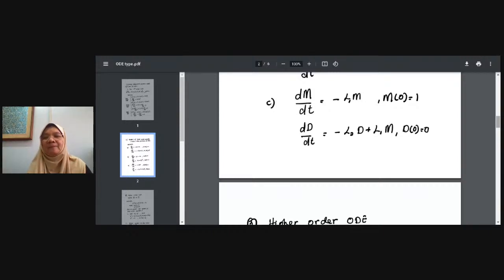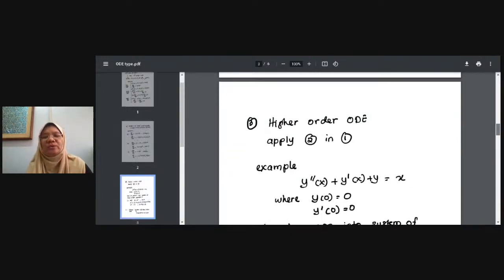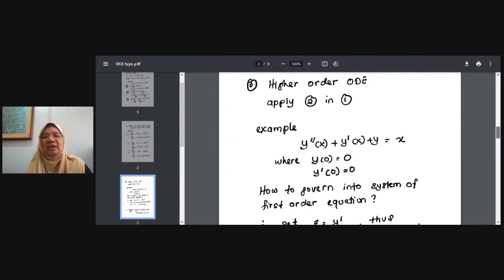So now we go to the higher order ODE. For example, here we have y prime prime of x plus y prime of x plus y equals x, where x naught is not equal to 0, and y prime of 0 is equal to 0. So how do we convert this into a system of first order derivatives?